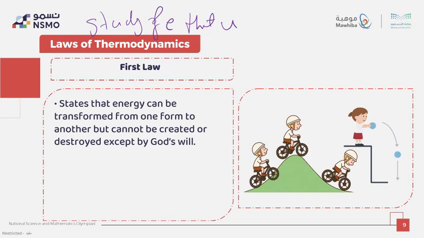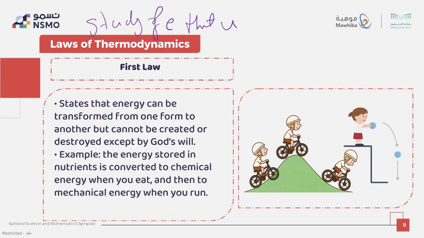The first law states that energy cannot be created or destroyed, only transformed from one form to another. Let me give you a simple example. The energy stored in food is converted to chemical energy in the body, then to mechanical energy during movement. Look to this image. This image illustrates a child biking from uphill to downhill.